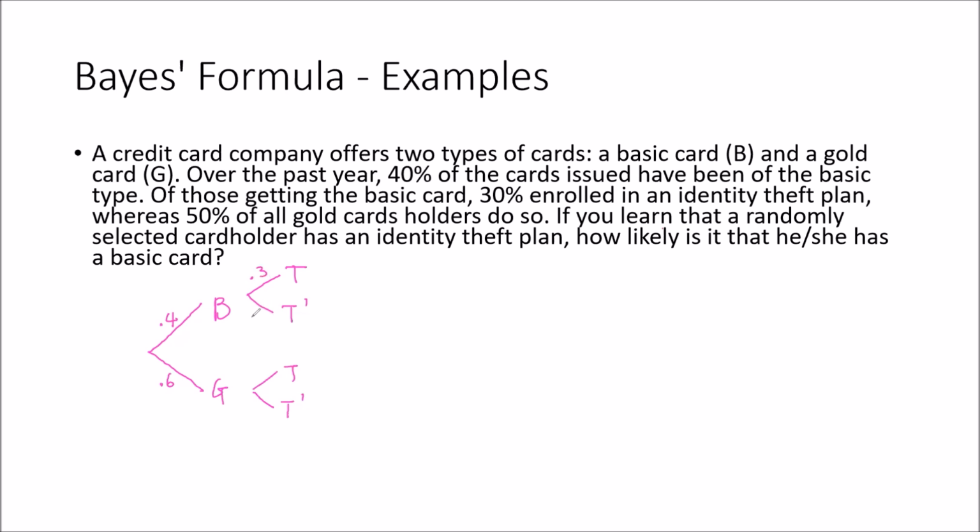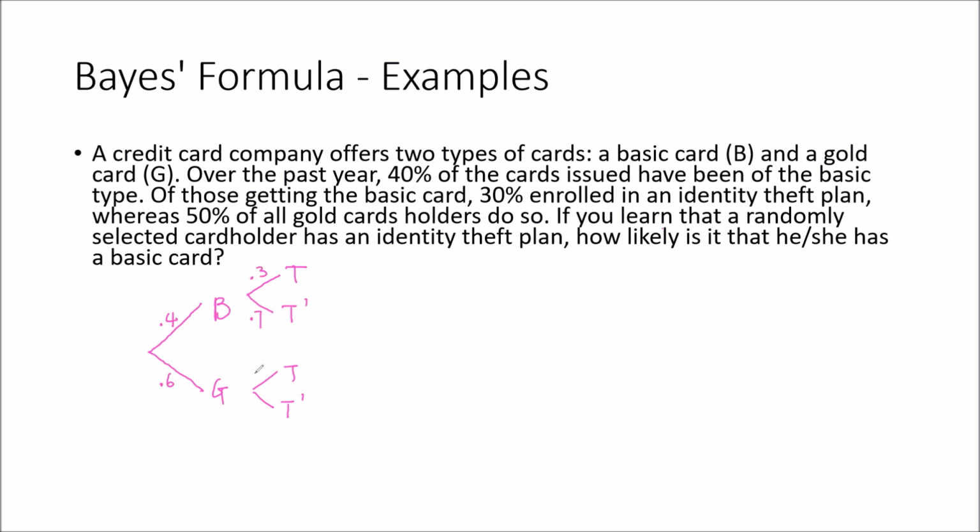Okay, it's conditional probability. And then 0.7 for those who get the basic card. So 0.7 is the probability that somebody would not enroll in an identity theft plan if that person is a basic card holder.